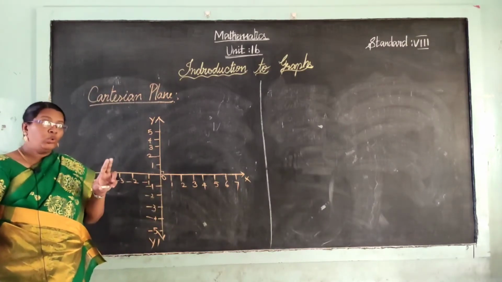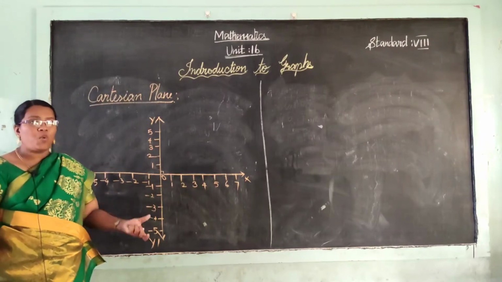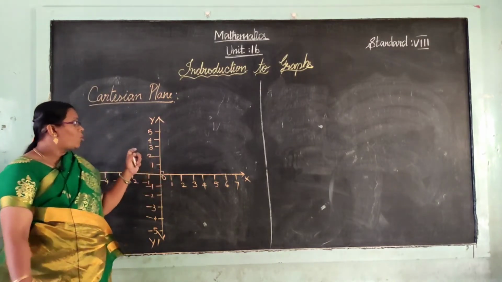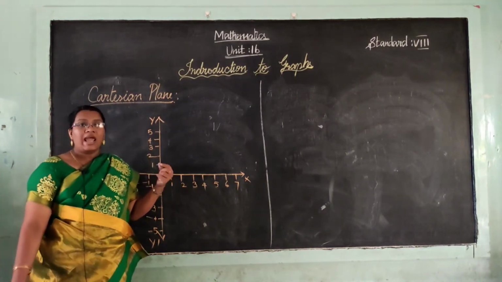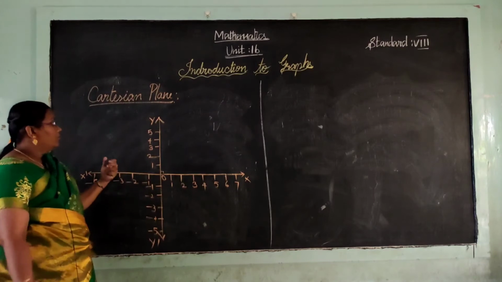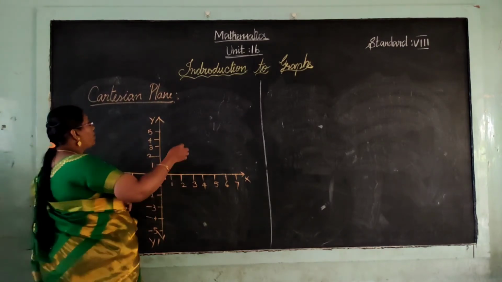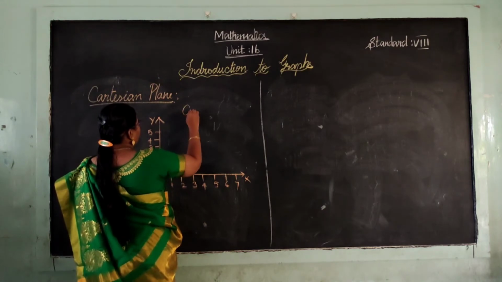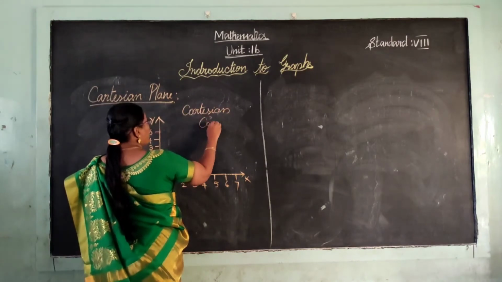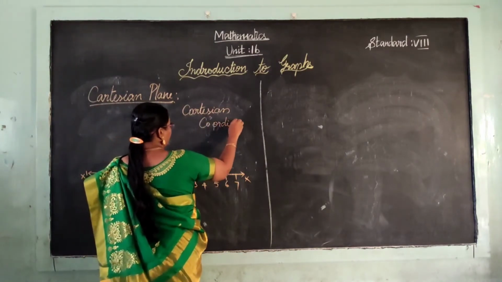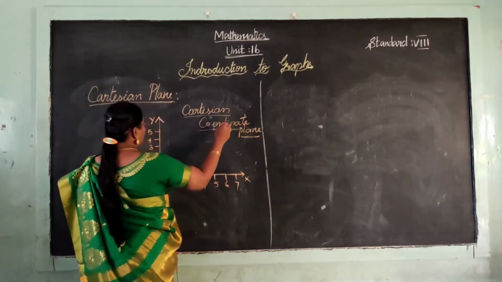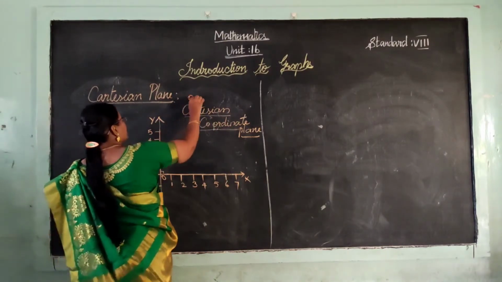Ordinate generally means point, so coordinate means it has two points, the x ordinate and the y ordinate. So it is called the Cartesian plane or Cartesian coordinate plane.